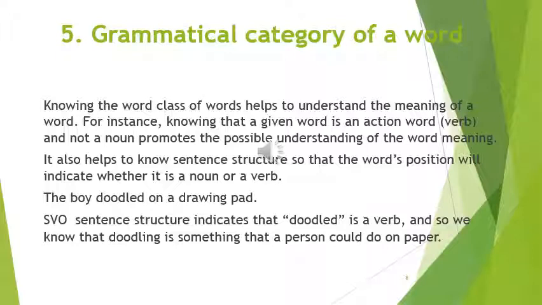So knowing the word class of words helps to understand the meaning of a word. For instance, knowing that a given word is an action word, that is a verb and not a noun, promotes the possible understanding of the word's meaning.